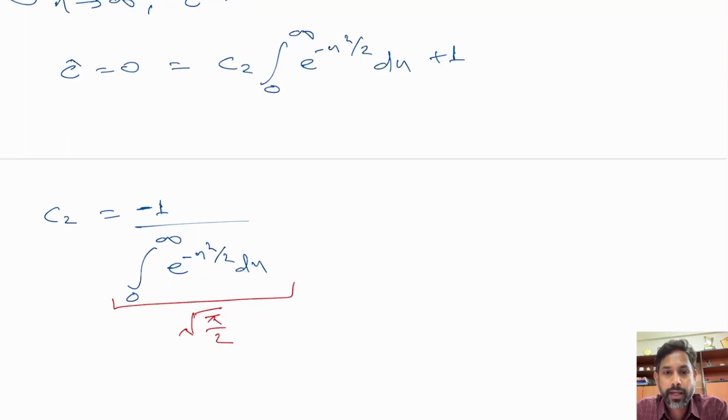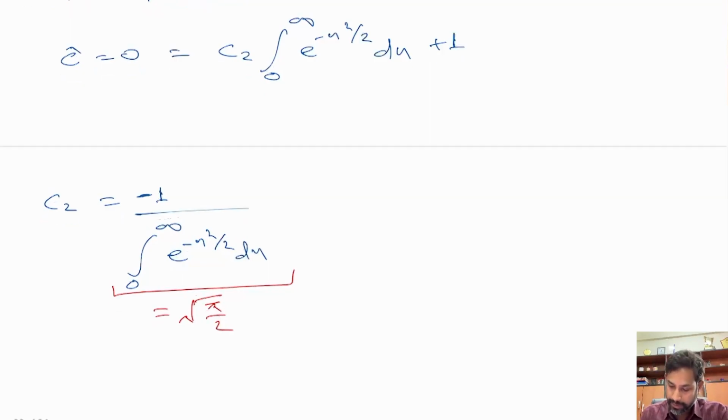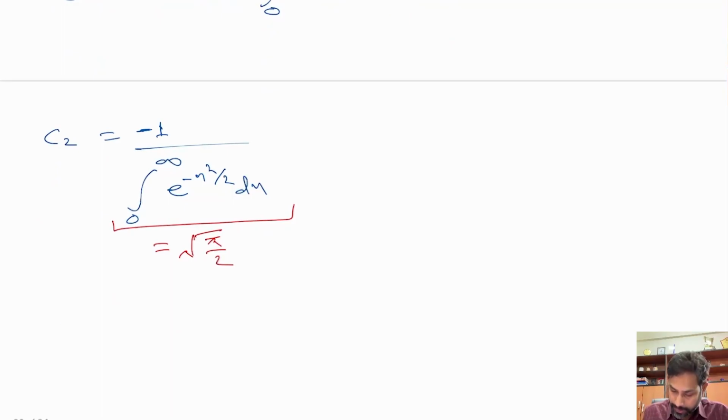It gives you a fixed value, which we get either analytically or numerically. That's why C2 can be defined as minus square root of 2 over pi. This is not an arbitrary value even if it looks like that.